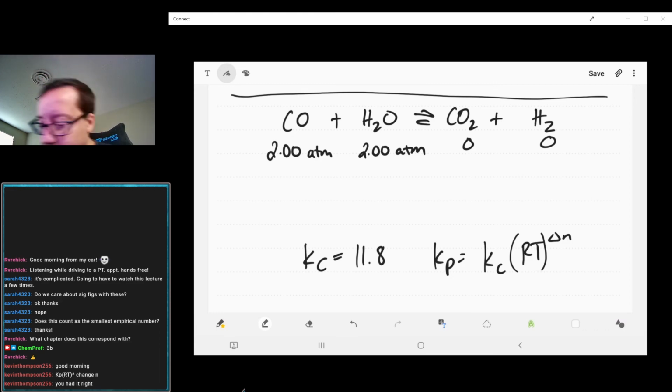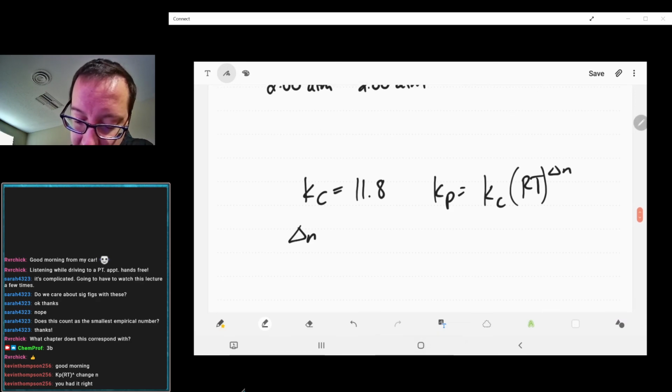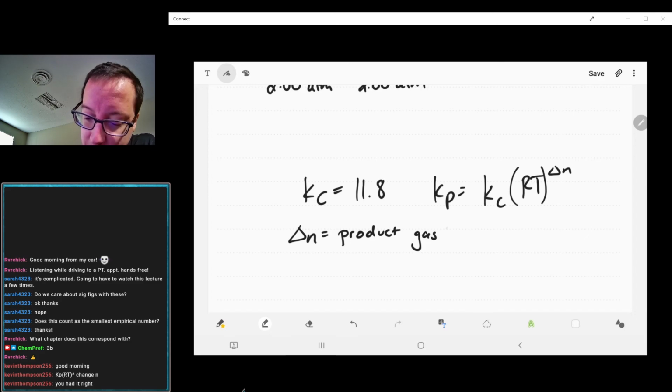Cool. Anyways, let's go ahead and figure this out. We're going to want to check what delta N is going to be. Delta N is the change of moles of gas from the reactants to products, right? So product gas moles minus reactant gas moles.